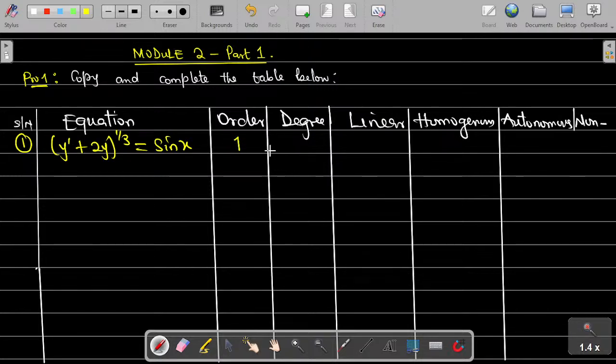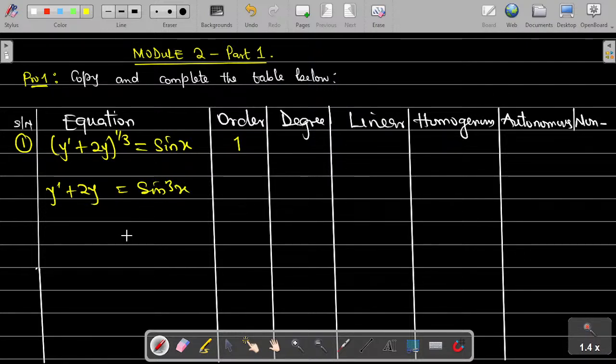The degree: we can actually rewrite this by raising both sides to the power of 3. If you do that, you're going to have y prime plus 2y equal to sine cube x.